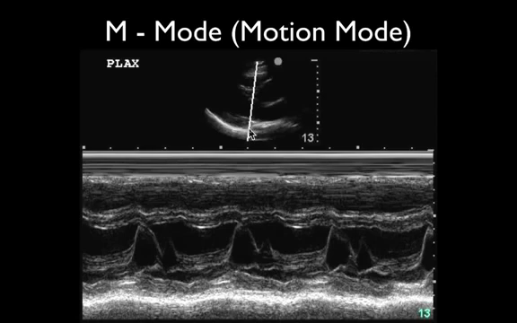We've chosen to ignore the rest of the ultrasound, so all we want to see is what's happening over time. From top to bottom, the top part of the screen here correlates with the top here, and the bottom right here correlates down here. All of these areas that we see along this line correlate with what we're seeing here over time. These bright lines here, these four still lines, correlate with the structures in the anterior chest.